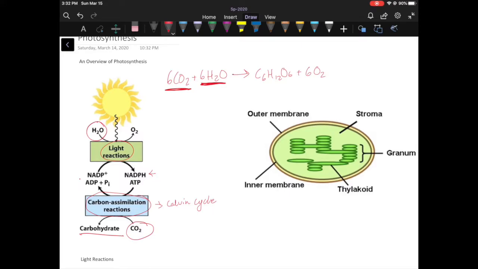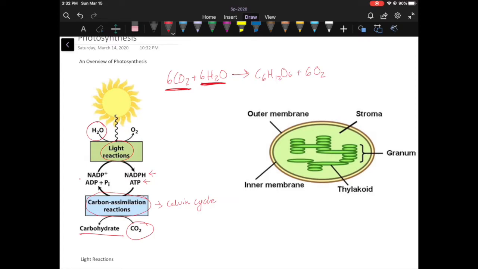Similarly to cellular respiration, when those electrons go through the electron transport chain, it creates a proton gradient. And the proton gradient will have an impact in generating our energy, ATP, that's needed for the Calvin cycle or the dark reactions.